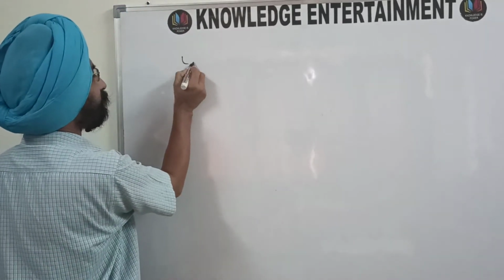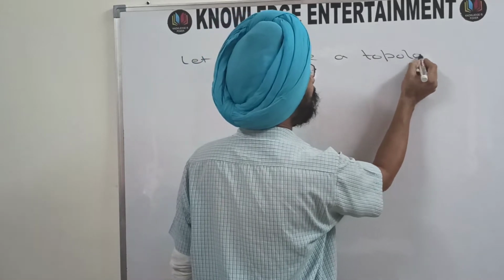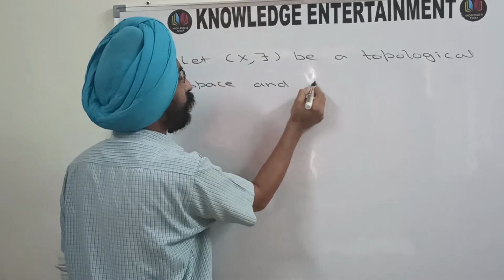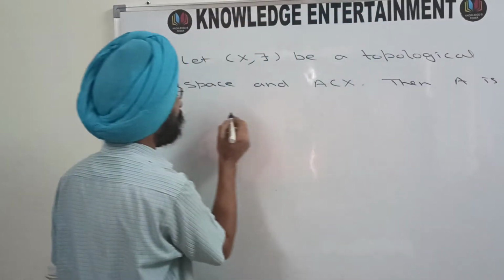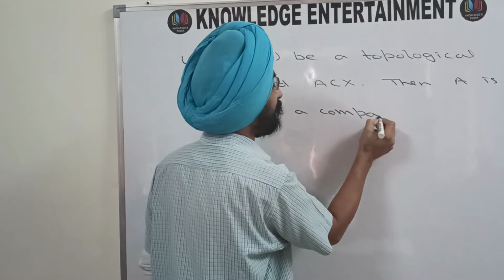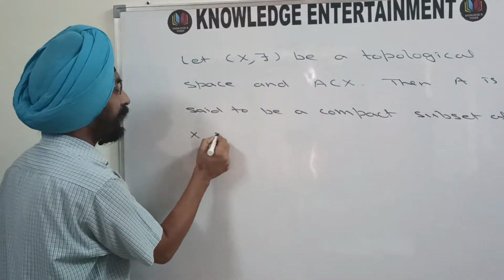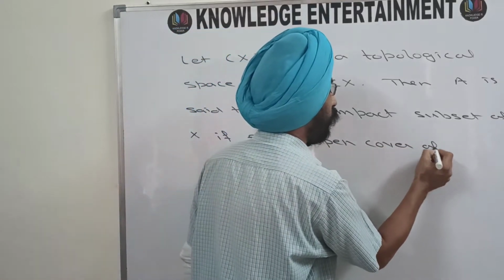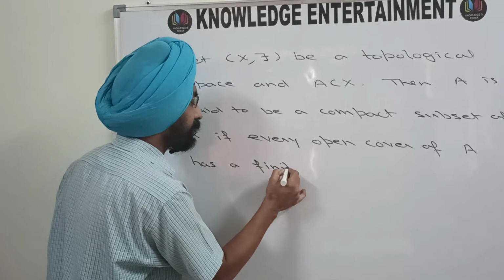So the definition is, let (X, top) be a topological space and A is a subset of X, then A is said to be a compact subset of X if every open cover of A has a finite subcover.